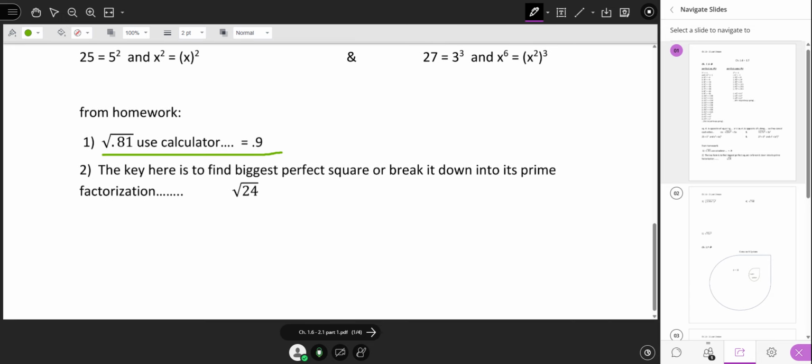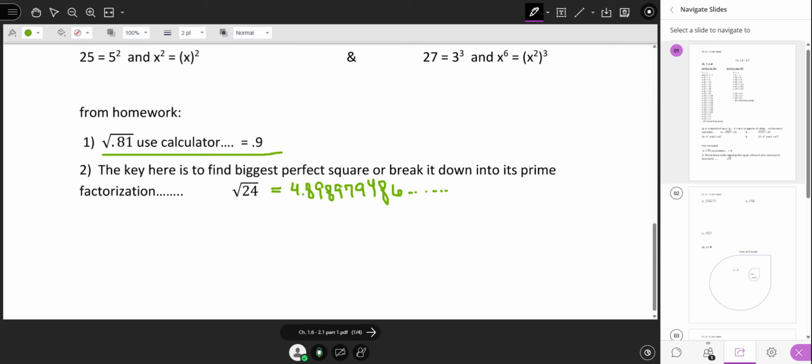Now, when you throw it into Mr. Goodbuddy and it shows up something nasty, like the square root of 24, which gives you 4.89879486, and so on.